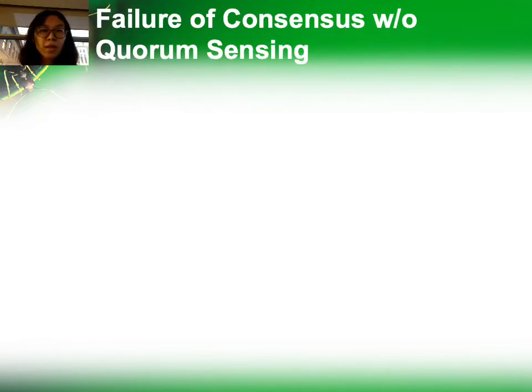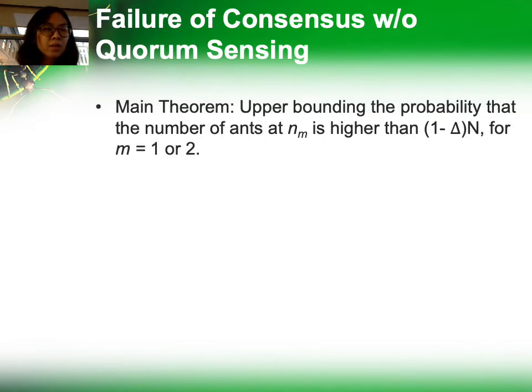And now we're ready for our main theorem, which is an upper bound of the probability that the number of ants at Nm is higher than (1 minus delta) n for m equals 1 or 2. As you can see, this is the criteria for consensus. This upper bound here, as a side note, is different than an algorithm upper bound, and I apologize for the confusing terminology. Basically, we want to say that there's an upper limit on the consensus probability.